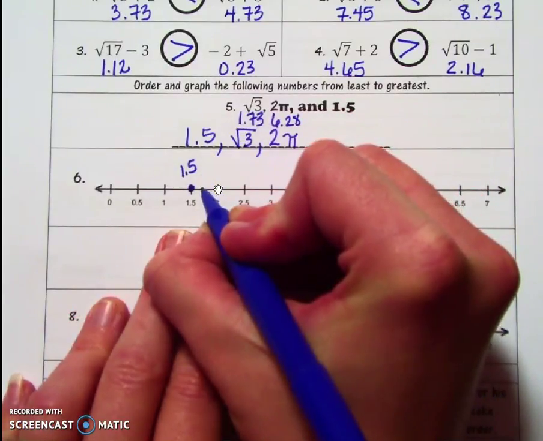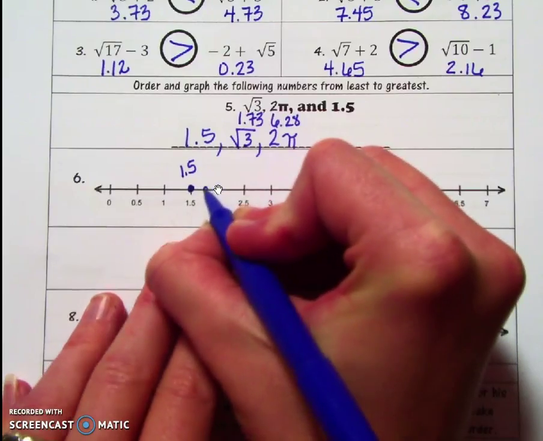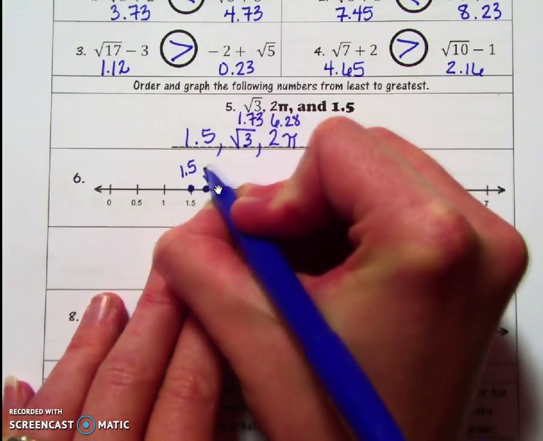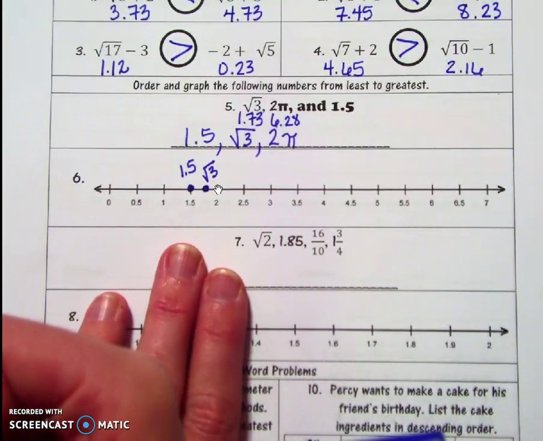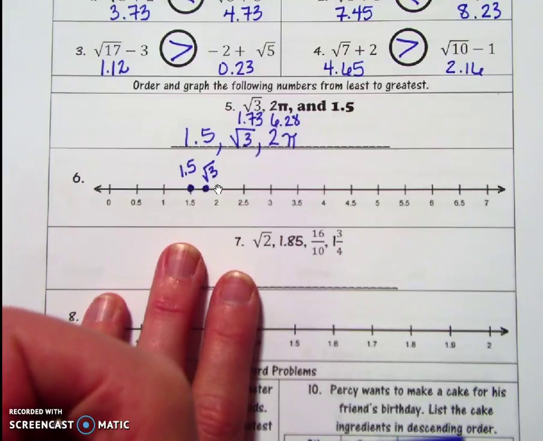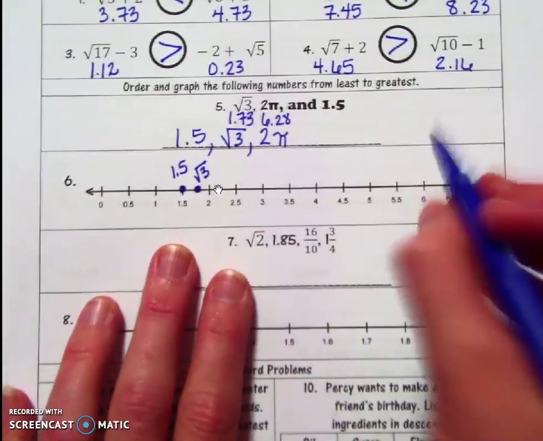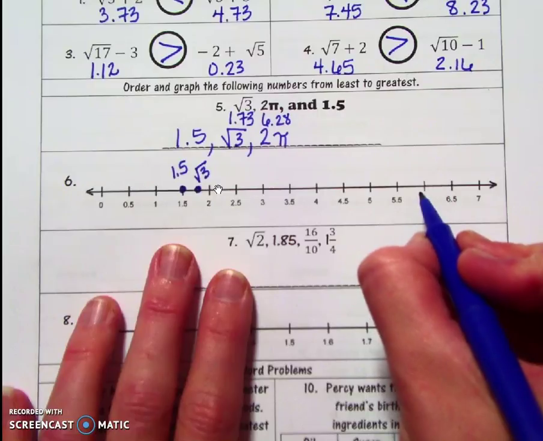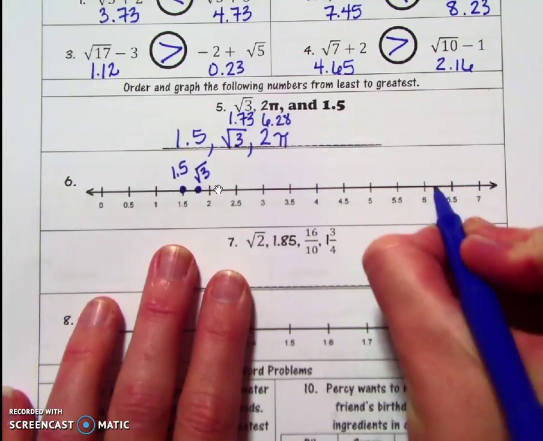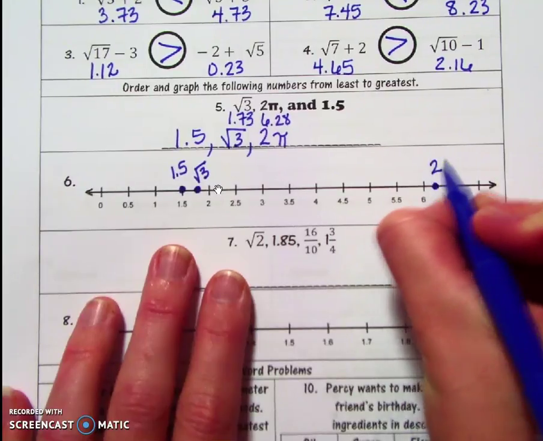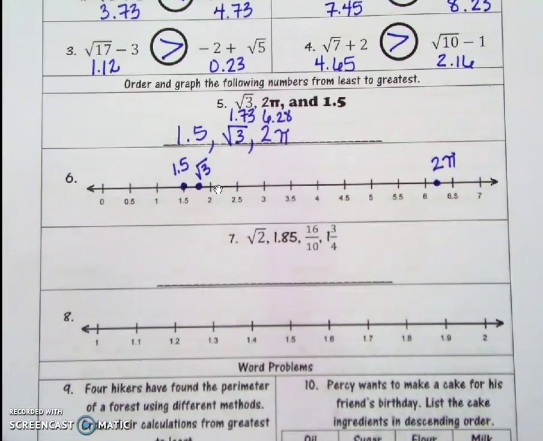Guys, I'm not picky. You don't have to have it exactly. But again, make sure you're labeling it with the original, the square root of 3. All right, and then 2 pi, where would that one go? Which side of 6? To the left or to the right? To the right. So that would be 2 pi. So really watch where you're putting those marks.